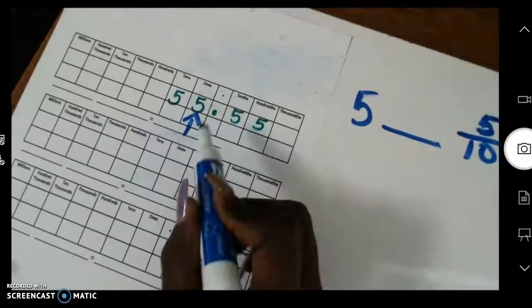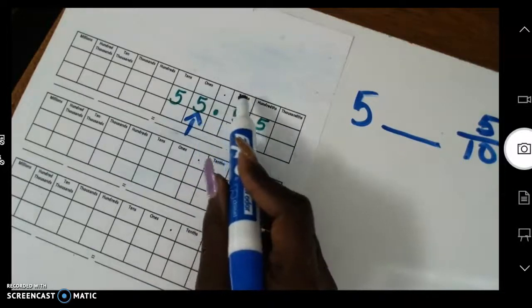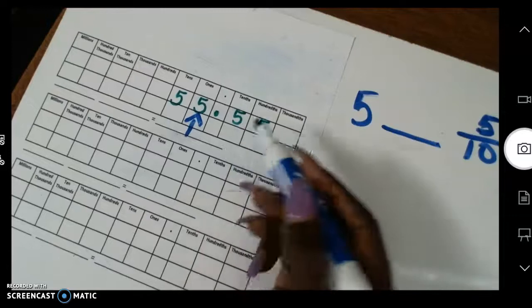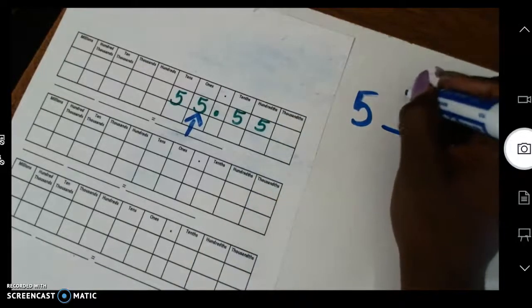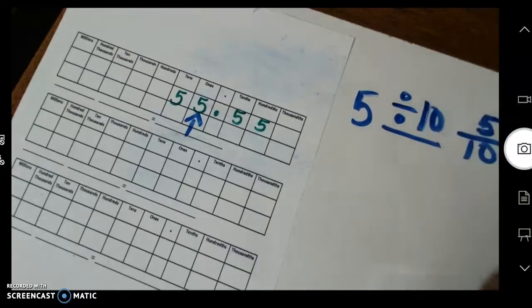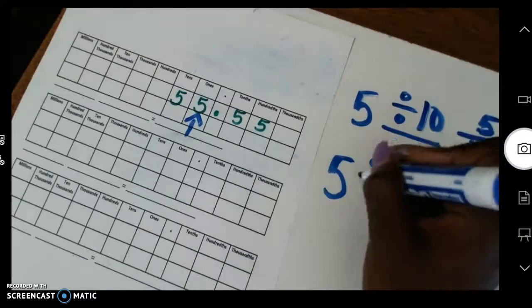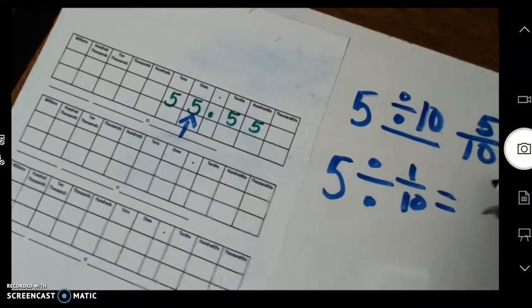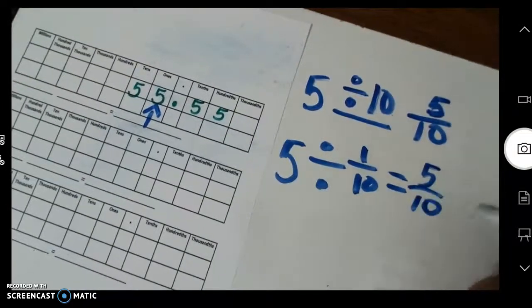Because I shifted one place value to the right, I'm decreasing in value. Therefore, I know I divided my 5 wholes by 10, or I divided it by 1/10, which gives me back my 5/10.